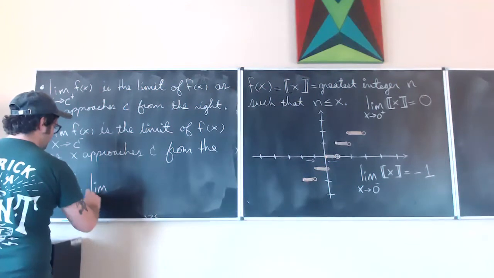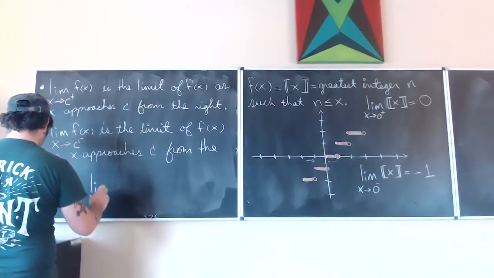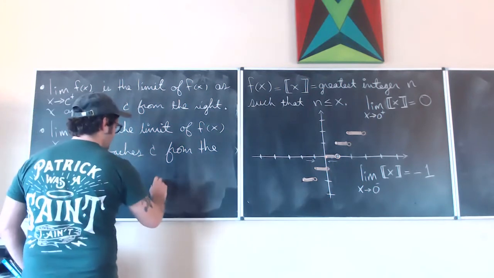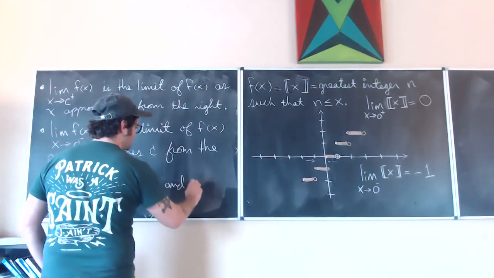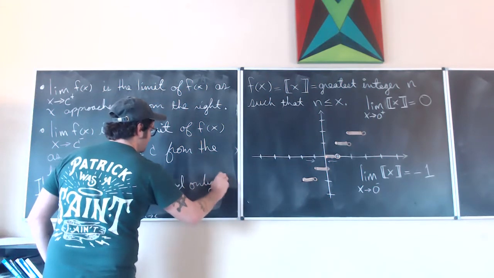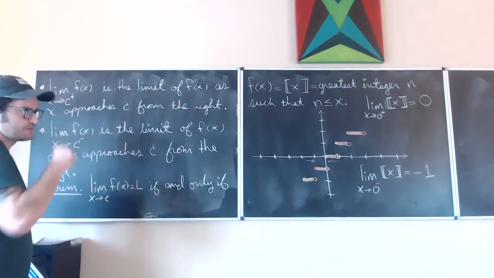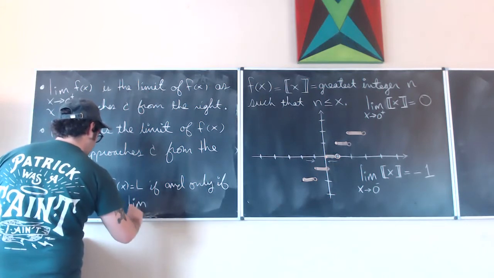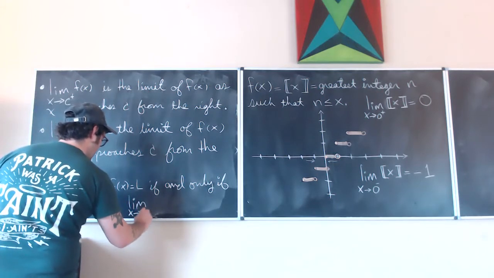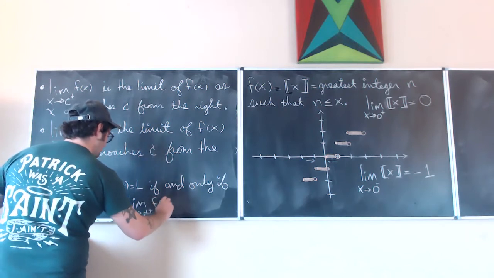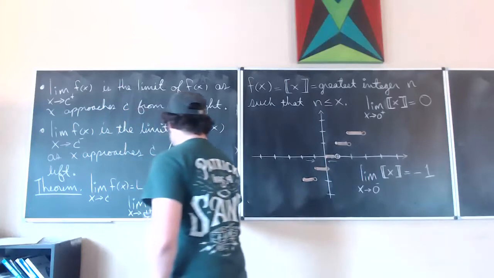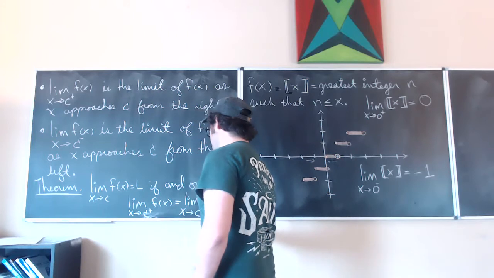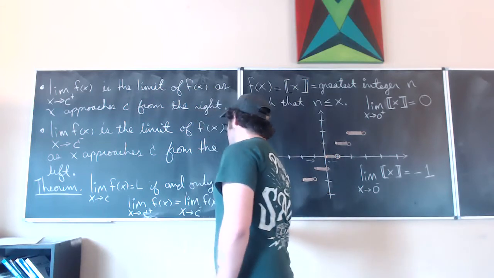The limit as x approaches c of f of x equals L, if and only if the left and right-hand side limits equal each other. So from the right equals the limit from the left. And both of those equal L.